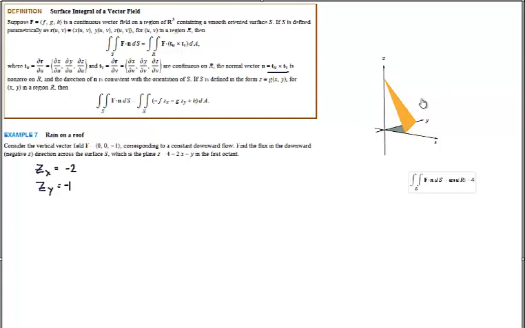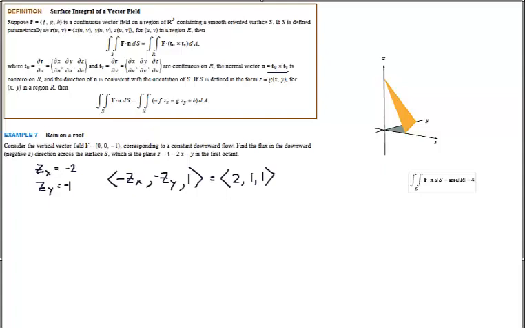Now this would give us that the vector that's normal to the plane is going to be negative z with respect to x, negative z with respect to y, and then that 1, and this is going to equal <2, 1, 1>.